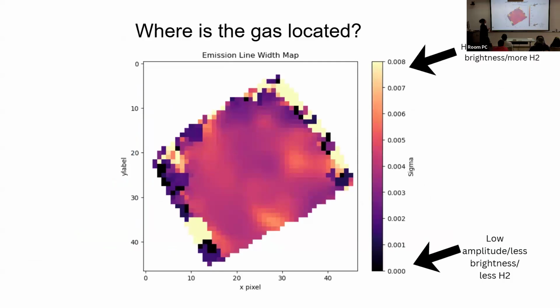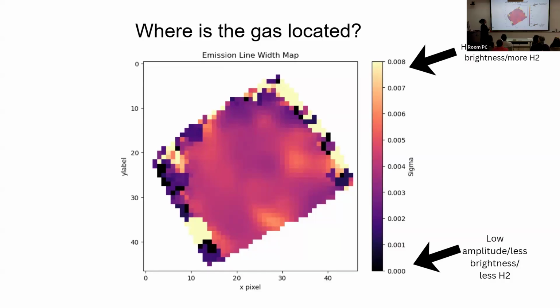So here is the 47 by 47 pixel map of the whole galaxy. It goes in like this, but this chart basically shows off the brightness of the H2.